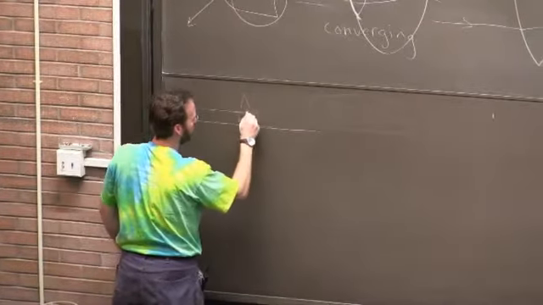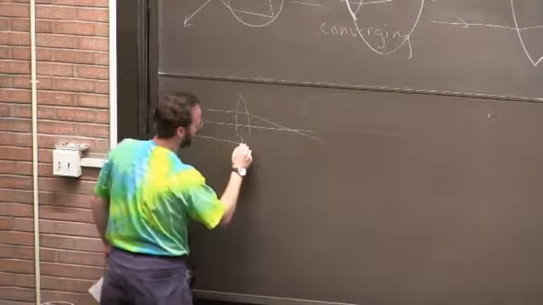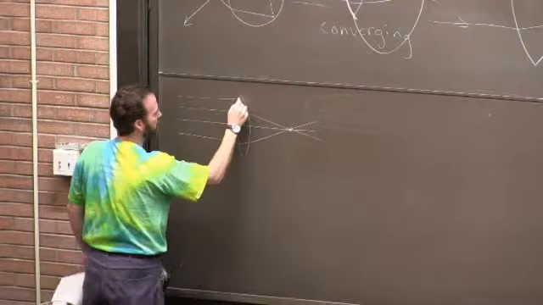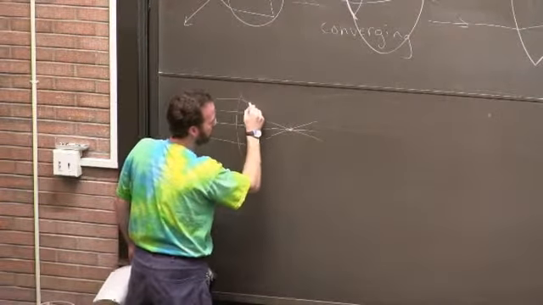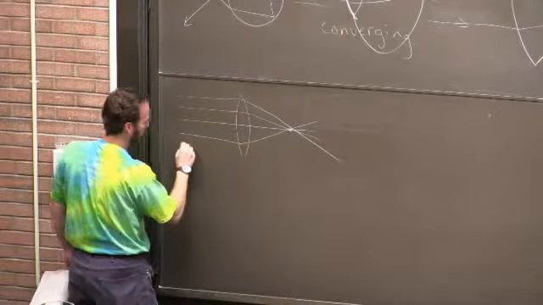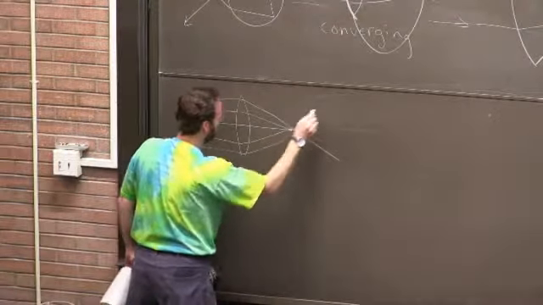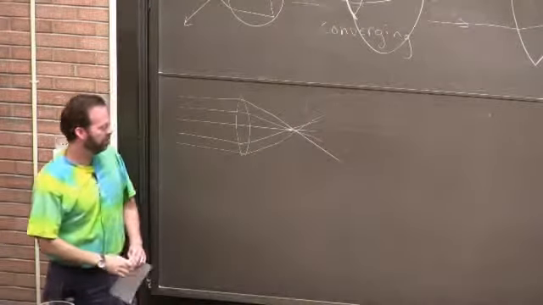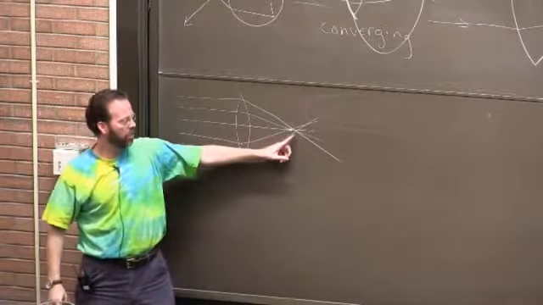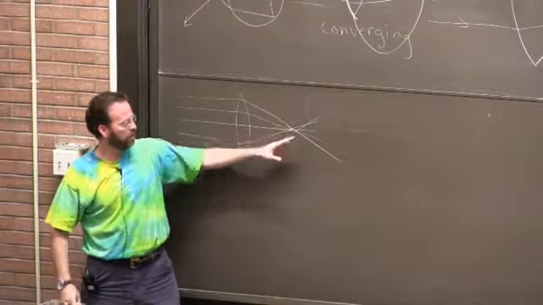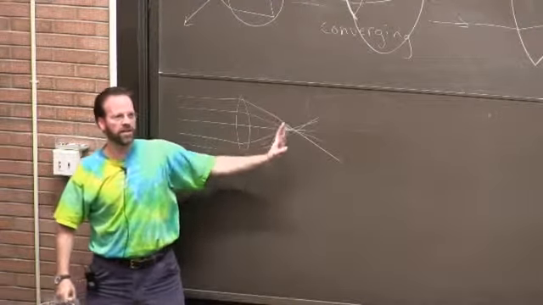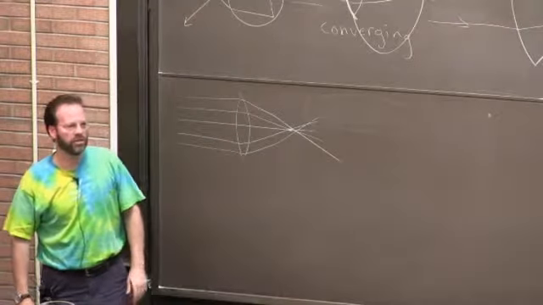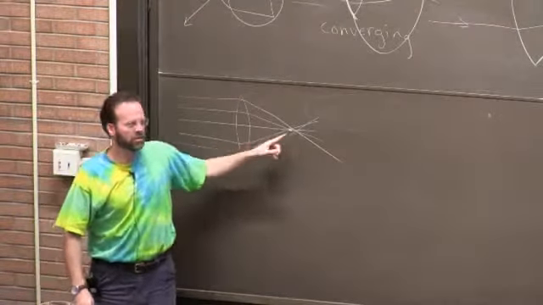So maybe you get one that comes in here, one that comes in there, and that's looking good, but maybe one out here crosses a little differently, and this one crosses there. Maybe you get another one. They don't all seem to cross in exactly the same point. We call that an aberration. It's a lens defect, and that causes a fuzzy image.